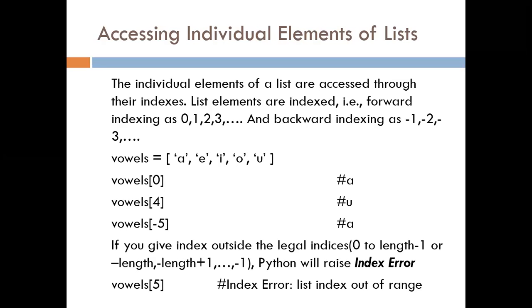List in box bracket i will give you the element which is at the ith index of the list. List can also be sliced. So if I say list in box bracket A colon B, it will give me all the elements which are between the indexes A to B, excluding B itself.